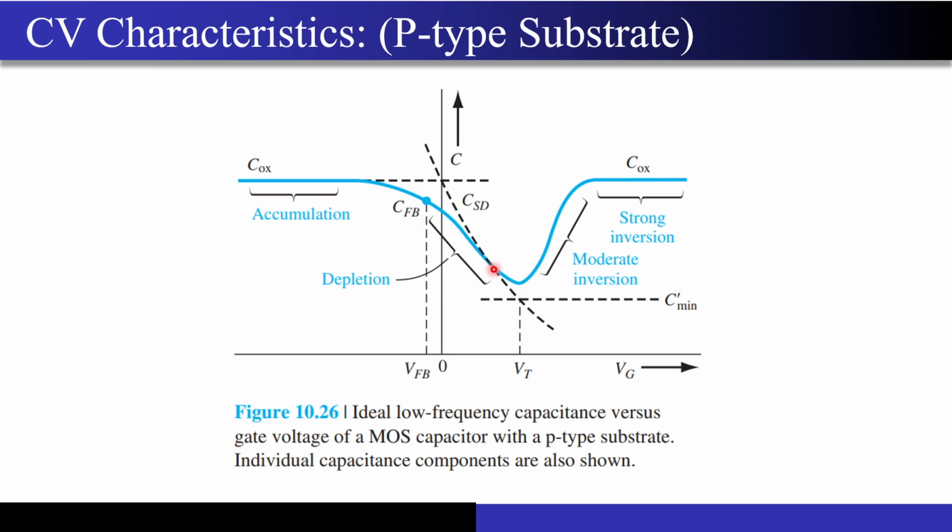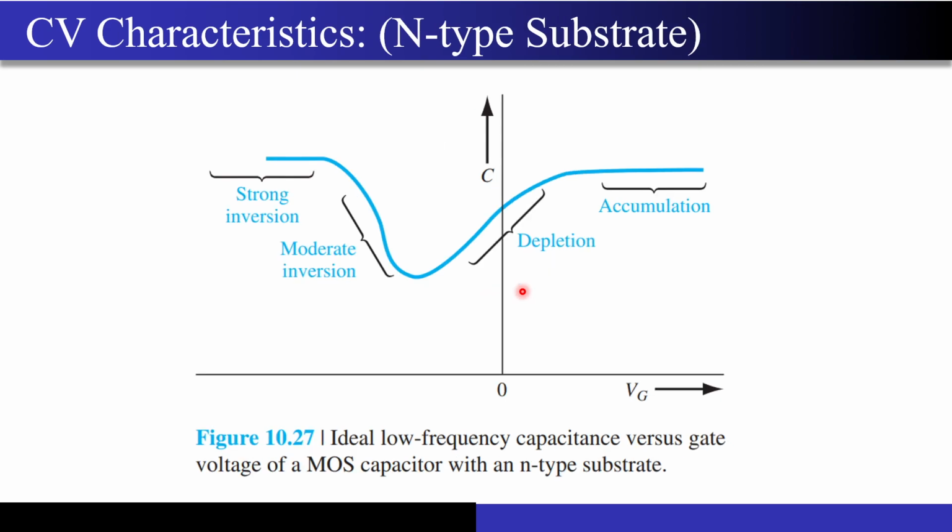Similarly, a series combination of capacitances is smaller than the smallest capacitor. That's why your capacitance is decreasing over here, and you have to use that equation to get this graph. Exactly at this particular point you have your threshold voltage point, where you have created a very strong inversion layer near the silicon to silicon oxide interface. I hope till this point it is very much clear.